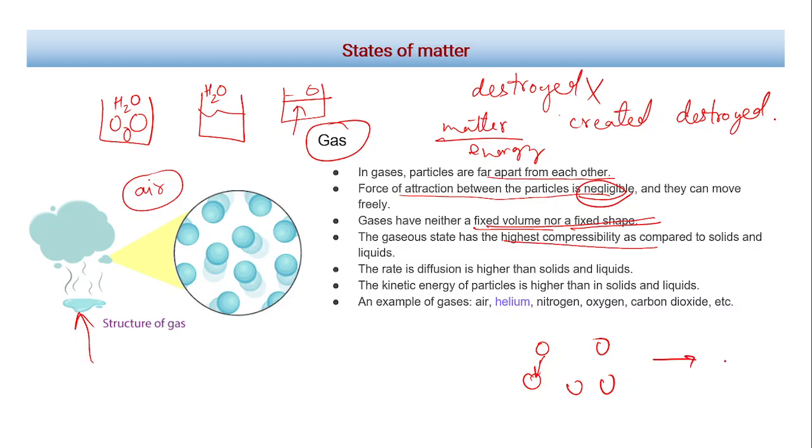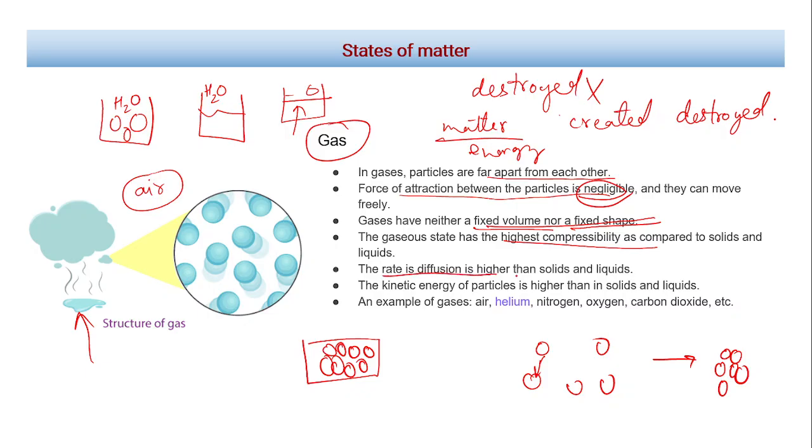So if you compress it, they come very close, so the material is compressible. But in solids, this doesn't happen. The particles are already very close. They cannot get even closer. That's not possible. So that's why they are not compressible as much as gases.